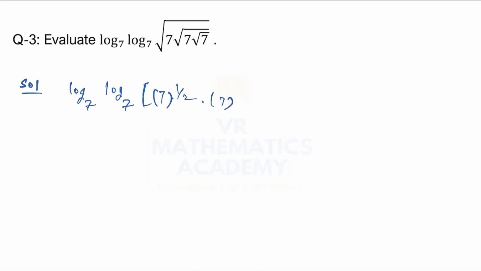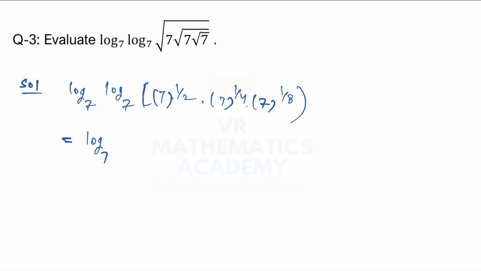Next, question number 3, we have to evaluate log base 7 of 7 multiplied by the square root of 7 multiplied by the square root of 7 square root of 7. So firstly, we can write down this expression as log base 7. Now this number can be written as 7 into 7 raised to the power half into 7 raised to the power 1 by 4 into 7 raised to the power 1 by 8.